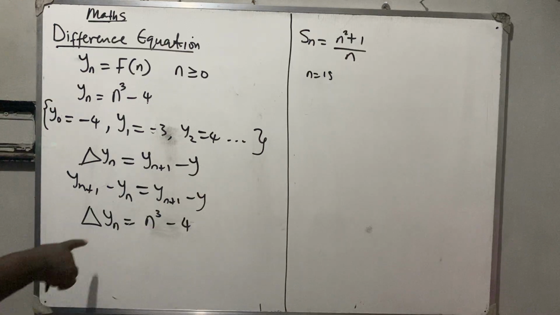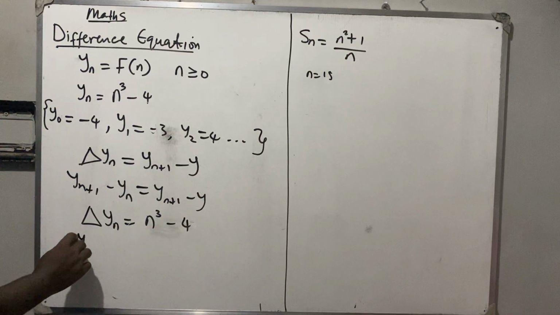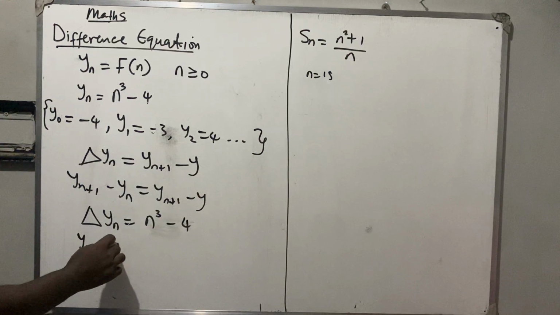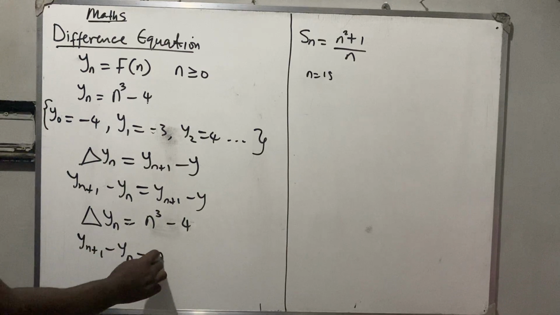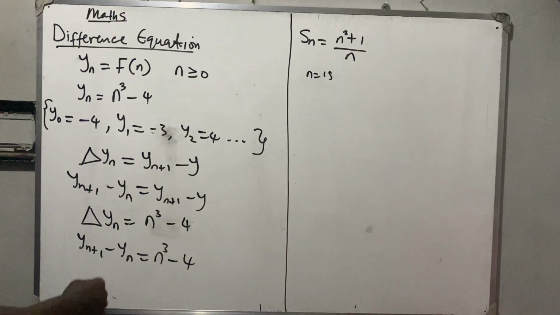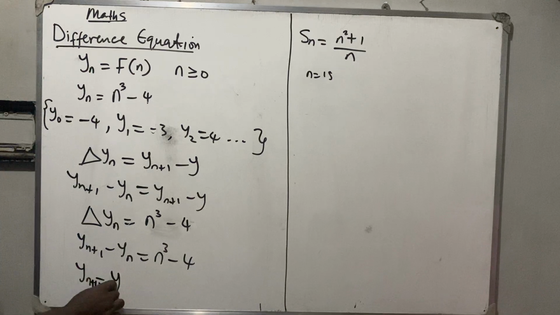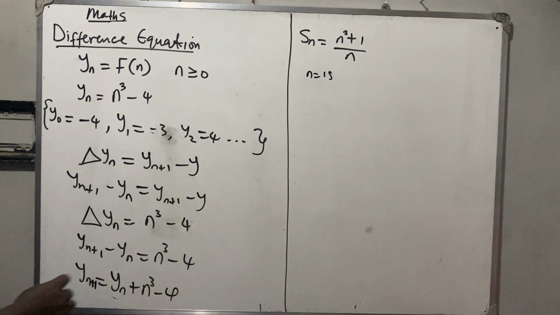You know that this one could be written as yn plus 1 minus yn is equal to n cubed minus 4. Which will now have that yn plus 1 is equal to, moving this to this side, yn plus n raised to power 3 minus 4. So this is what is known as what? A difference equation.